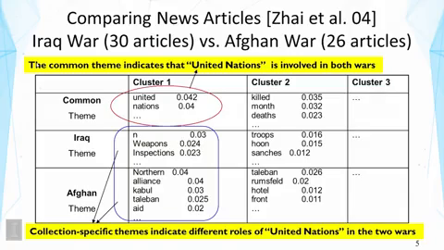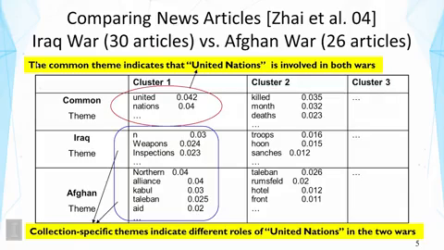It's a different variation of the topic of United Nations. So this shows that by bringing in the context, in this case different wars or different collections of text, we can have topical variations tied to this context to reveal the differences of coverage of the United Nations in the two wars.